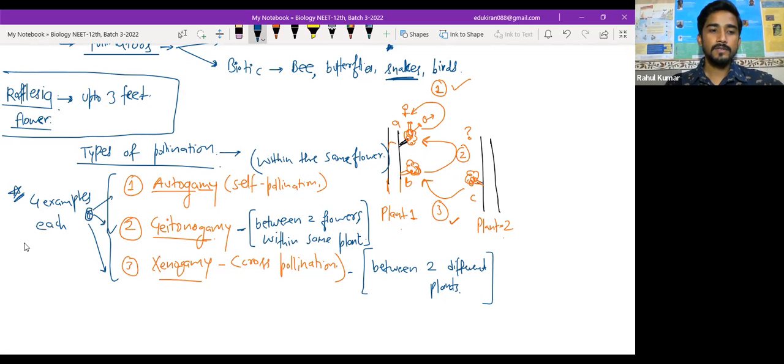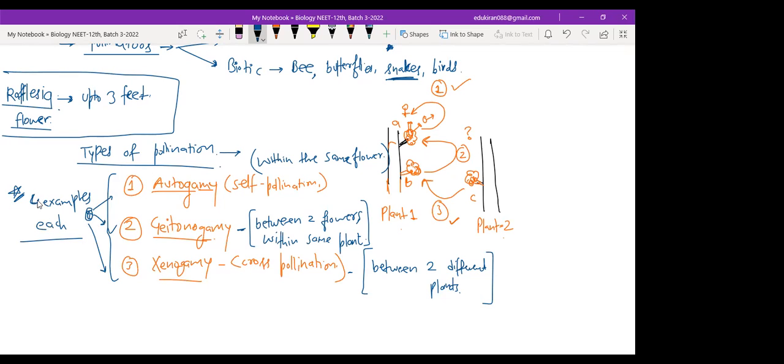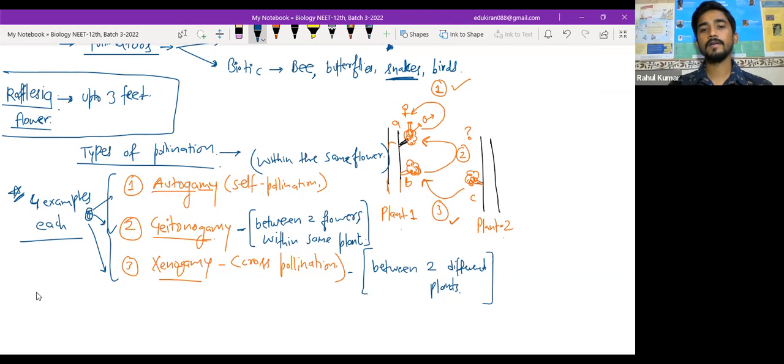And if possible, if you can find some plant which is common for two, you will understand what I'm trying to say. Try to find a plant which shows more than one type of pollination. Is it clear? When you find four examples of each, you will get the answer yourself.